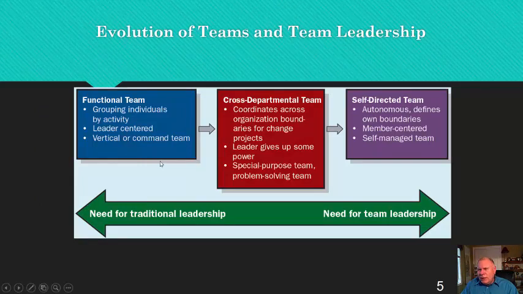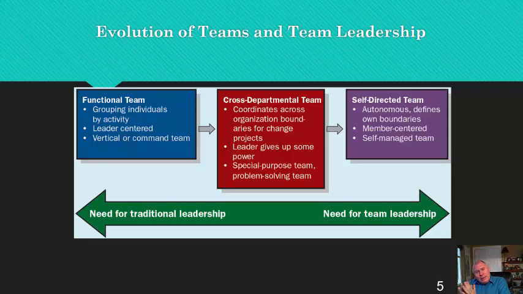What we see here is that there's been an evolution of teams. We talked about the teams and the different types in team leadership. What we can see is that we have the functional team right here. That's where this process of teamwork started, grouping individuals together by activity, which we've talked about. Very leader-centric, a vertical or command team.